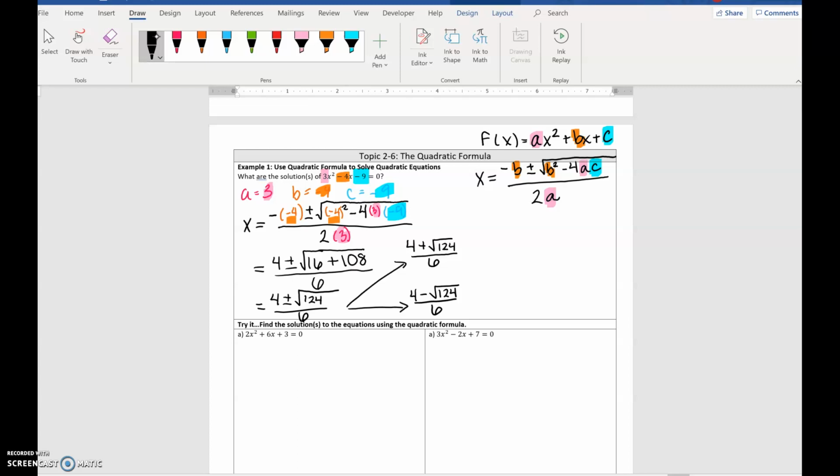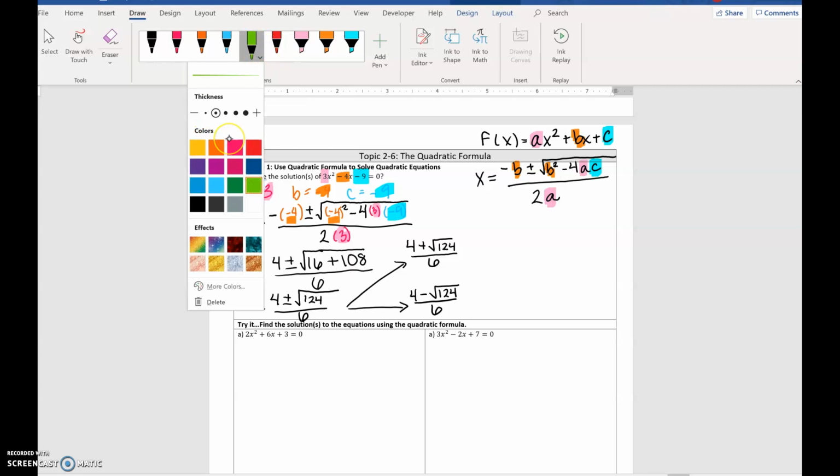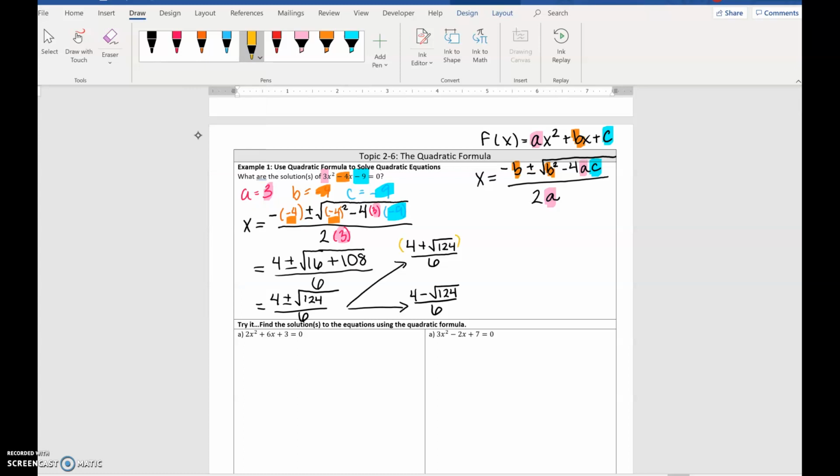And so you're going to put this in your calculator. One thing to note is that when you put it in your calculator, you need to do parentheses around this and then divide by 6. So in your calculator, you would need to do parentheses 4 plus the square root of 124 and then divide by 6.